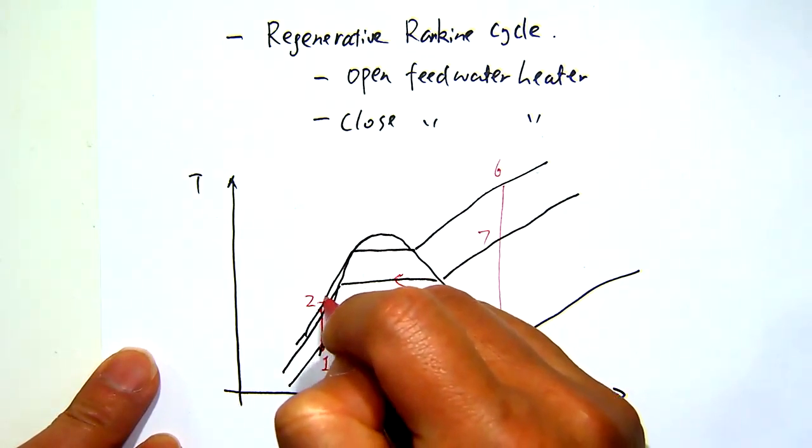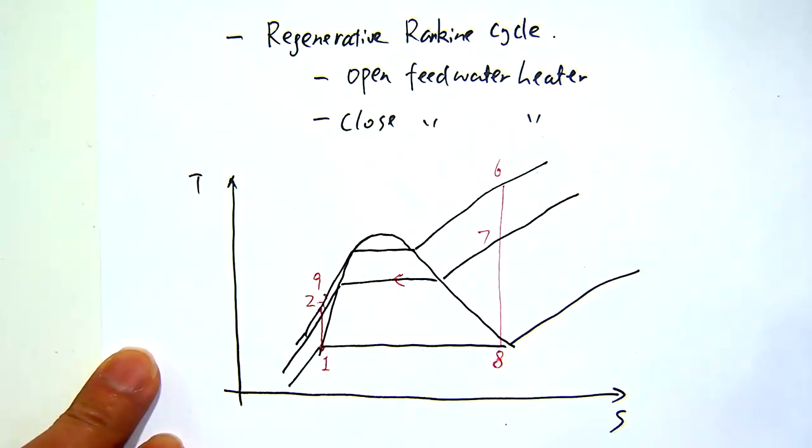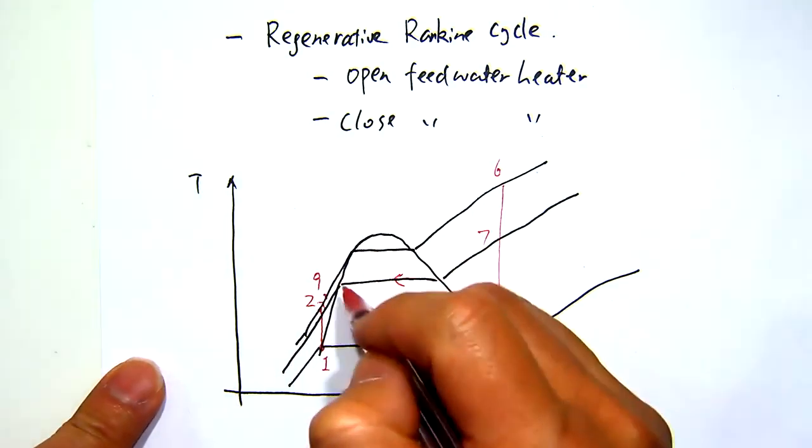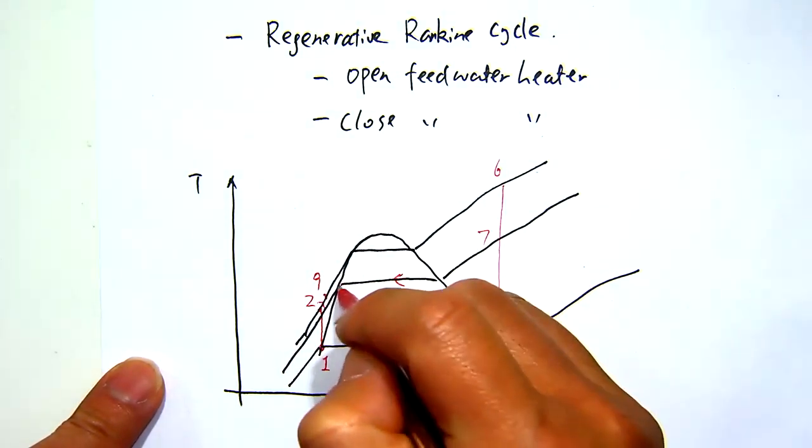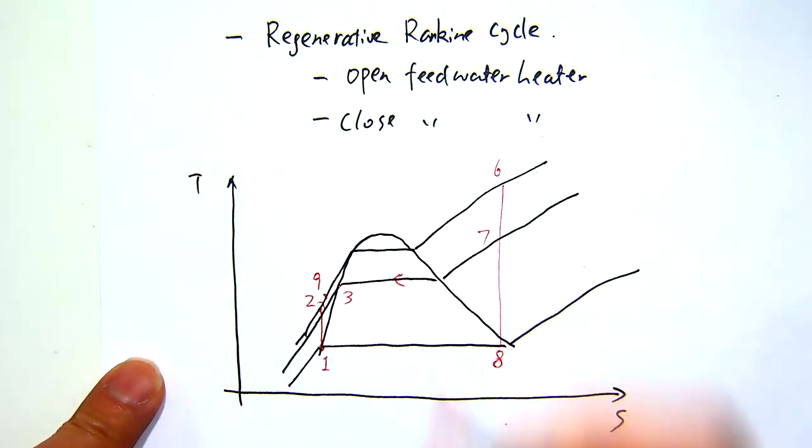So state 9 is the exit of the feed water heater for the water. And then for the steam, assume at state 3 it's a saturated liquid. So I'm right on that saturation line.